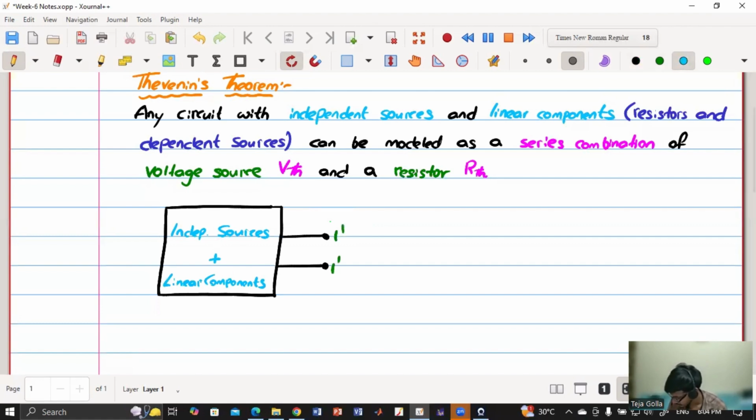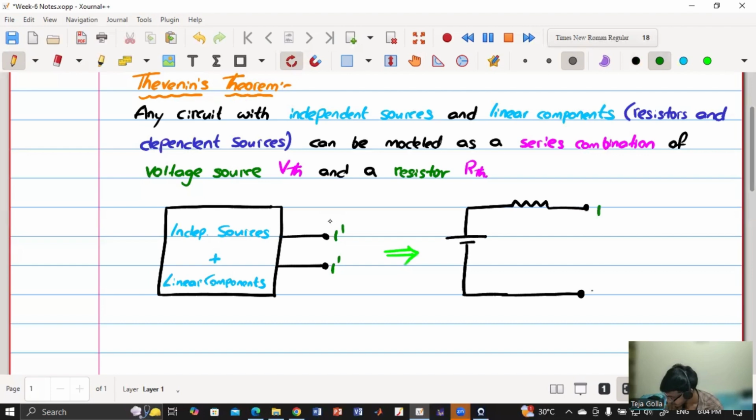In such a case, this can be realized as a circuit with a voltage source VTH and a resistor RTH, at the same terminals. So the entire circuit is converted like this.